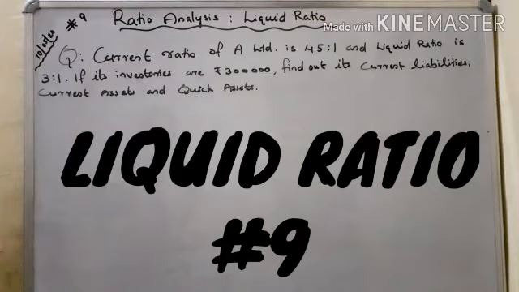In this question, current ratio and liquid ratio both are given and the inventories value is also given. We know liquid assets means current assets minus inventories minus prepaid expenses. So for this calculation, one clue is given, that is inventories rupees 3 lakh.